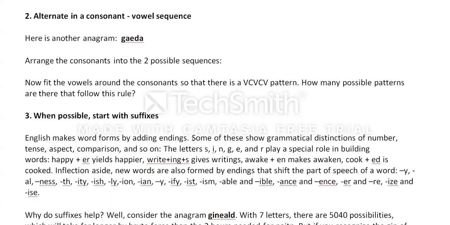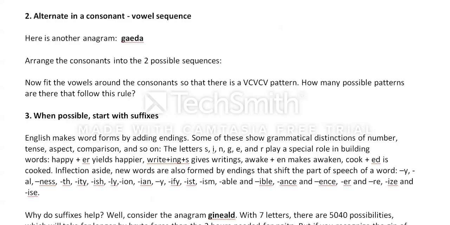Another strategy to use: alternate in a consonant-vowel sequence. Here's another 5-letter anagram, so 120 possibilities. G-A-E-D-A. Now, can you arrange the consonants into the 2 possible sequences for me?